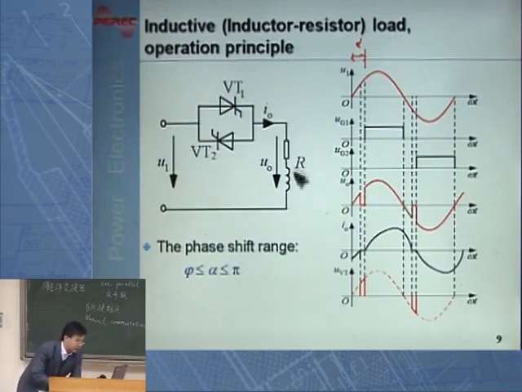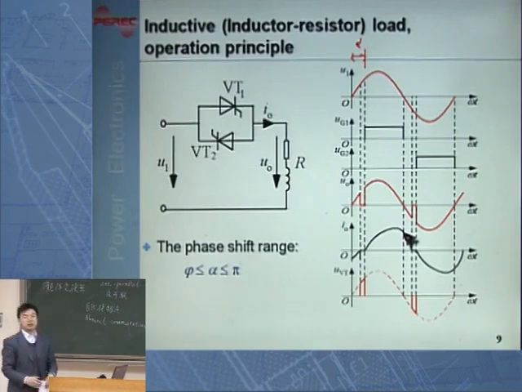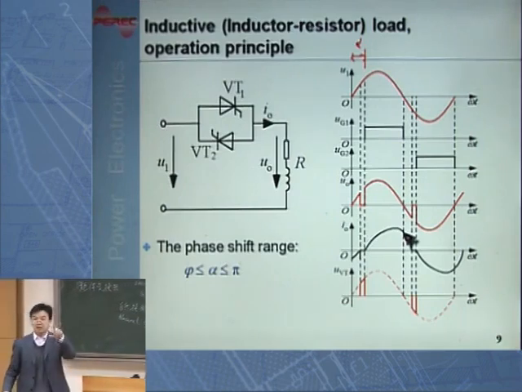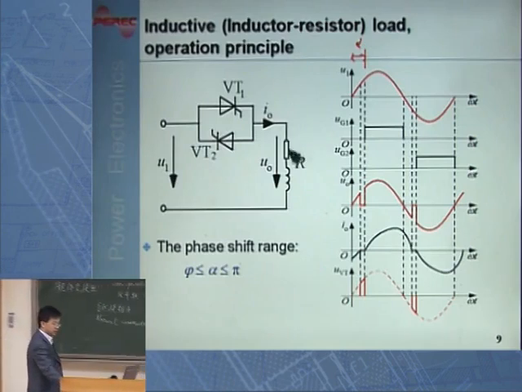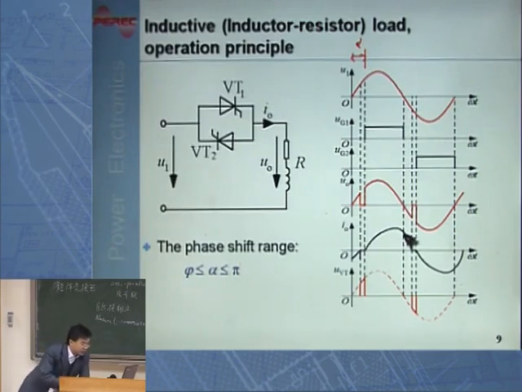But because this is an inductive load, even when the overall load voltage has decreased to 0, the load current is not 0 yet. You still have a certain value of load current in the load. So this current will maintain the conduction of VT1. VT1 will still be conducting until this current has finally decreased to 0.